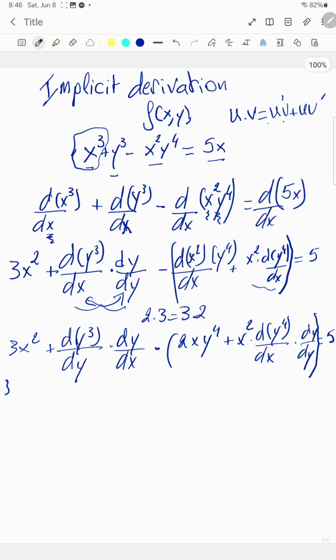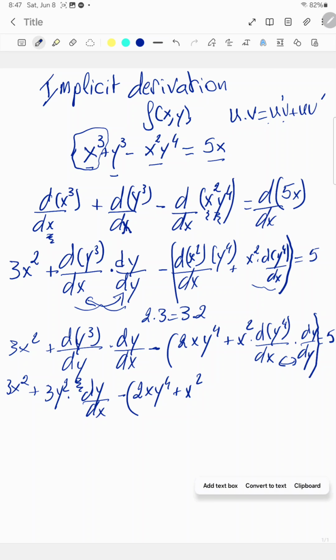Now it becomes 3x squared plus, now I'm deriving y according to y, 3y squared times dy over dx, and this is a minus here. I'll keep it for now. 2xy to the power of 4 plus x squared, and I swap my dy and my dx here.